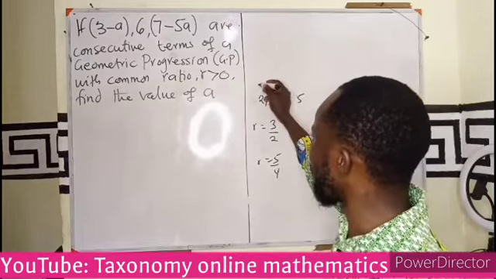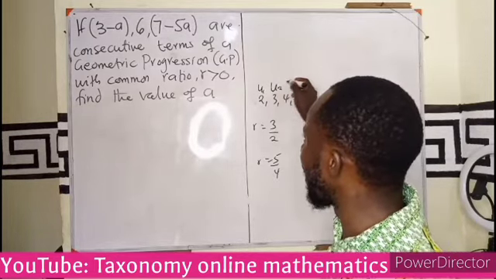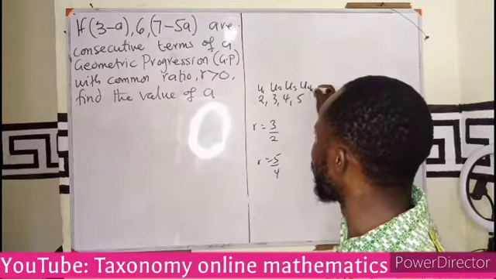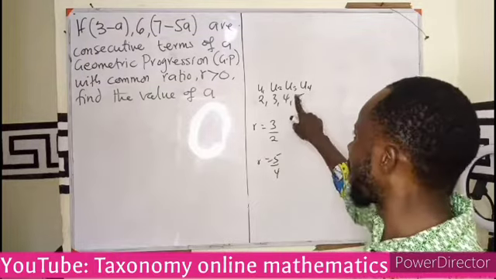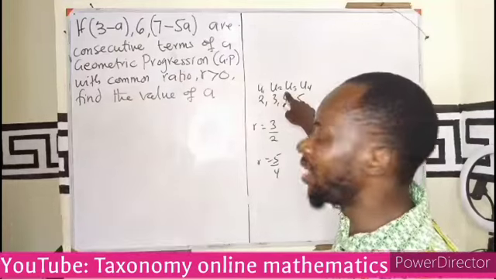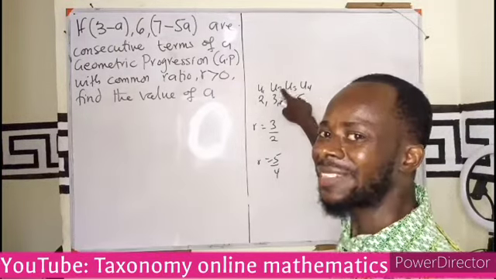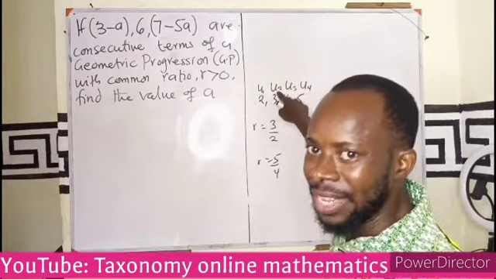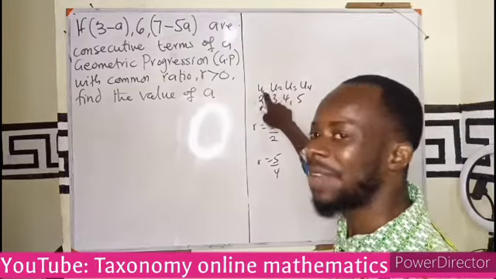So this is our first term, second term, third term, and fourth term. The ratio of the fourth and the third term should be the same as the ratio of the third and the second, and also the second and the first.